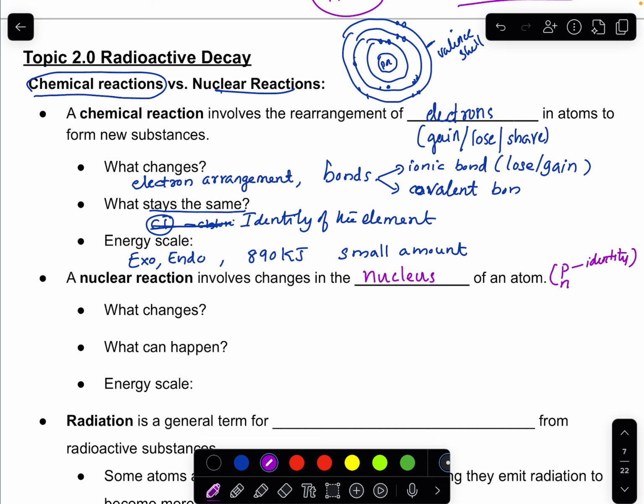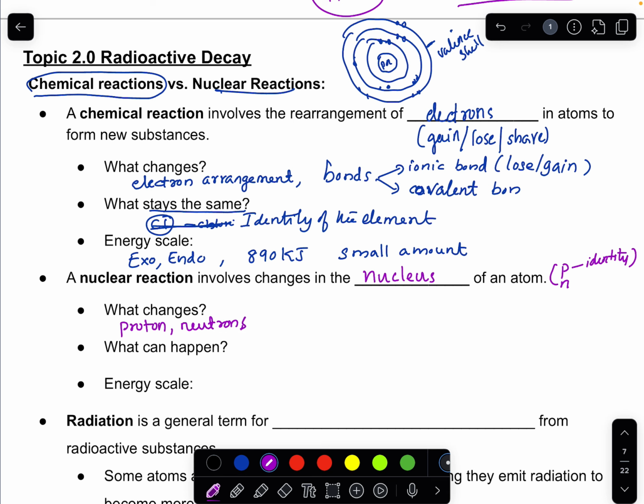That means the element is changing into something else. So the proton number or neutron number will change. Also you will see the electron number changing, even though there are no electrons in the nucleus. You don't need to write that because I'll explain it at that time.